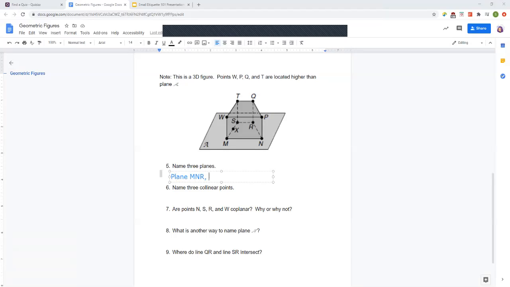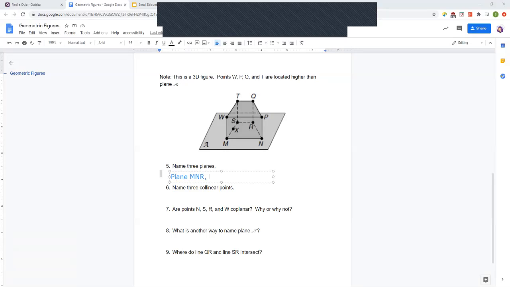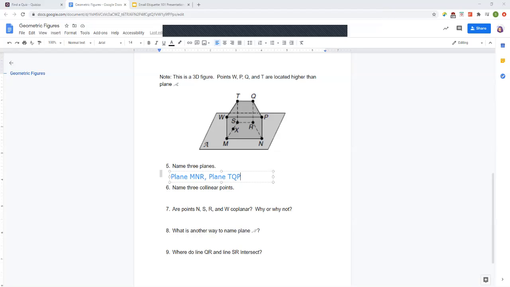Let's see, we have this flat surface up on the top, so we could name that plane. We have T, Q, W, P, so you can name it TQP. Doesn't really matter. The only tricky thing with naming planes is to make sure that the 3 points are not in a row. And I know these are a lot of rules. I really do understand that.